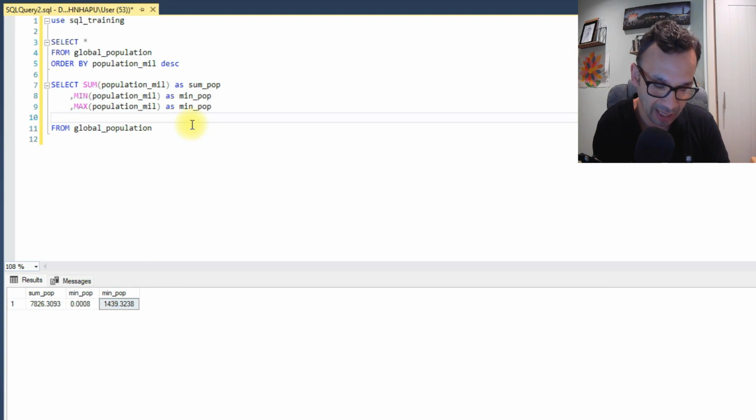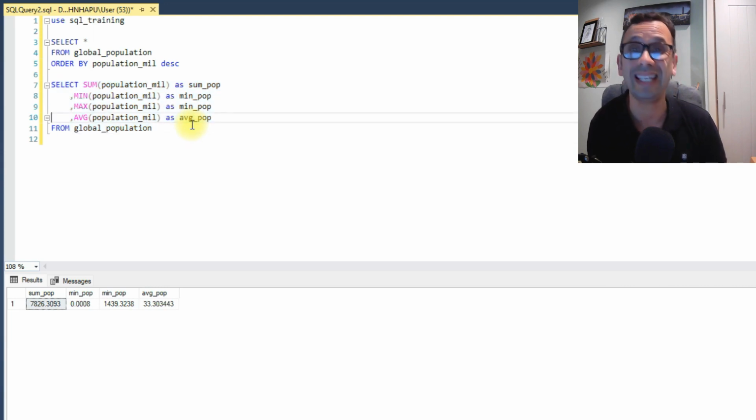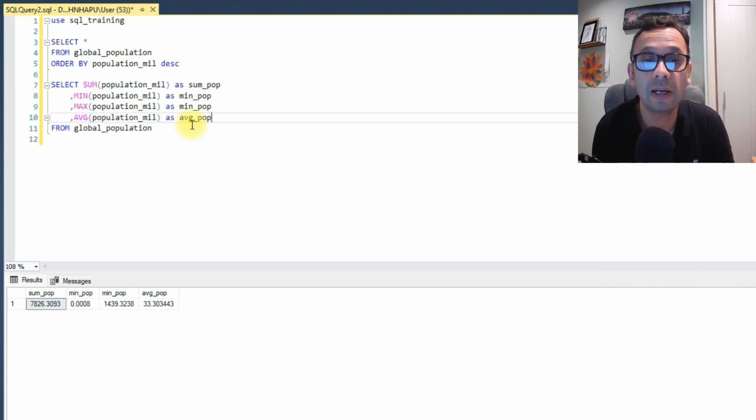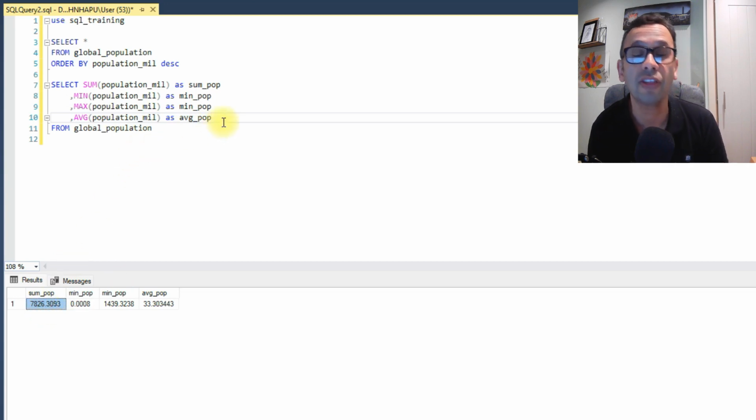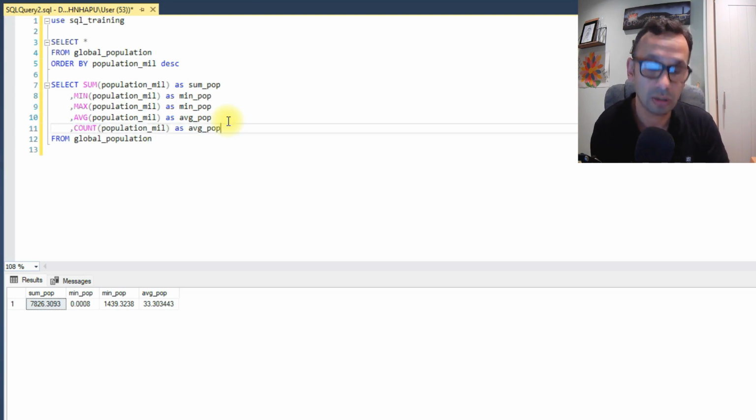And then there's average. So the average population of all the countries in the world is 33 million. What that does, it's the mean average. So if you think back to your maths lessons at school, mean is the total of the column, 7,826 million, divided by the number of values in that column. To get the number of values, we can use the keyword count.